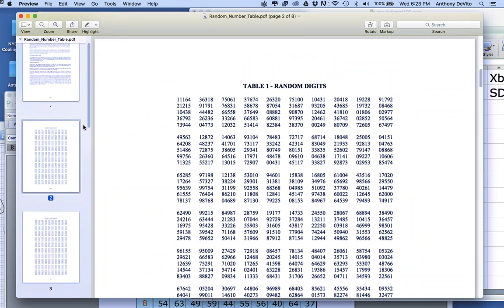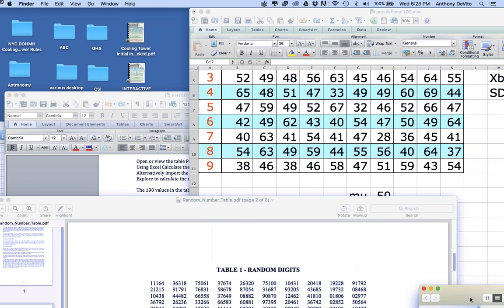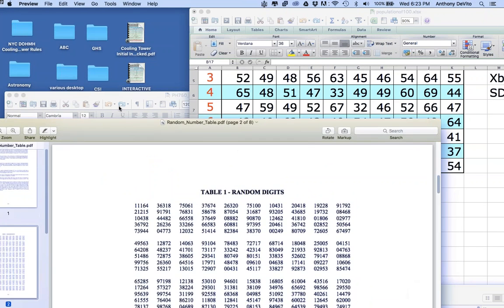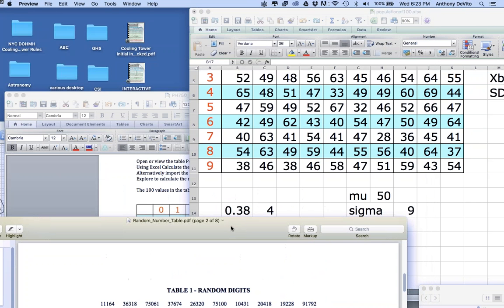So now, if I want to randomly sample people in this population, I can pick out any spot here. I'm going to start with 94. I'm going to say that number represents row 9, column 4. So that's the person in row 9, column 4.